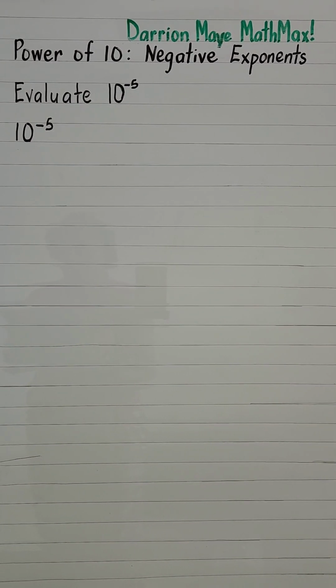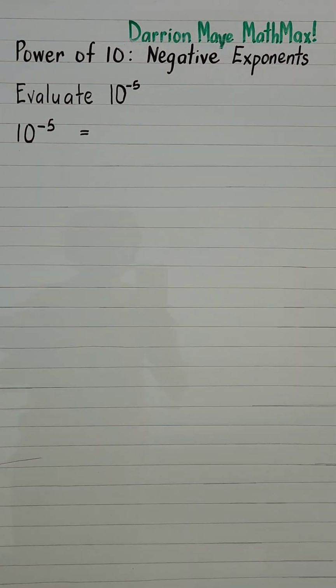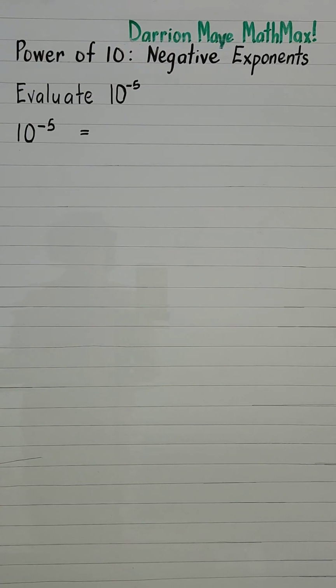Our first step is to rewrite the base as its reciprocal and the exponent without the negative sign. So in this example, the base is 10.